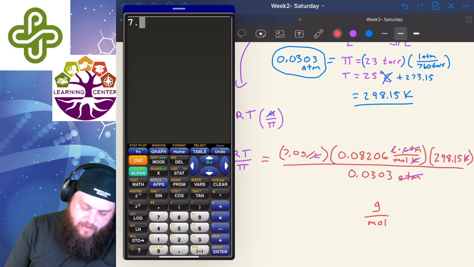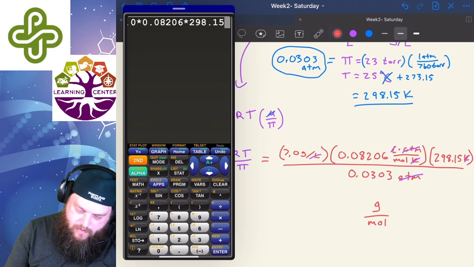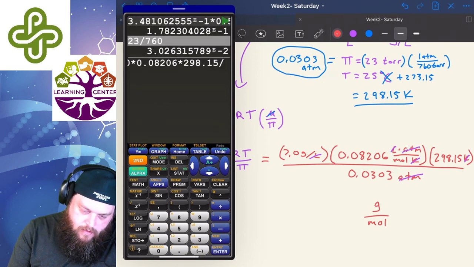the math. 7.0 times 0.08206 times 298.15 divided by 0.0303.